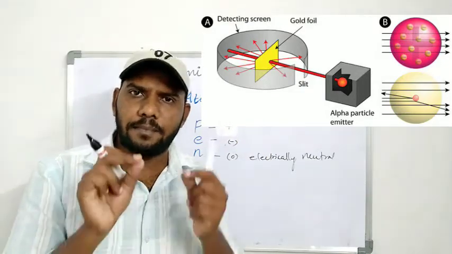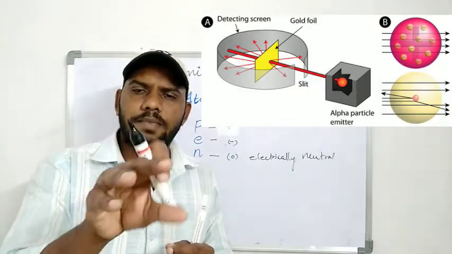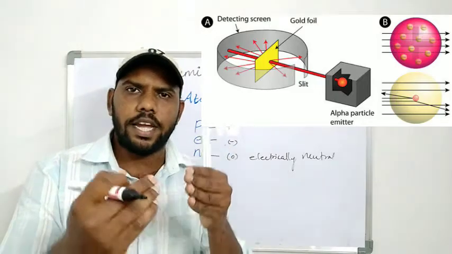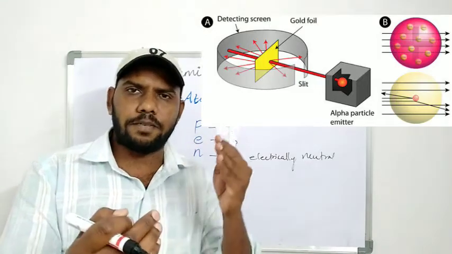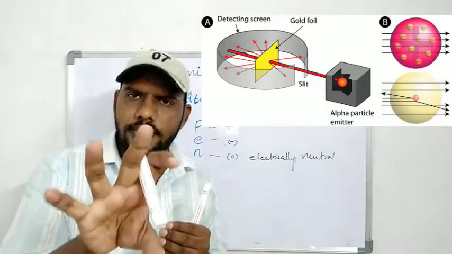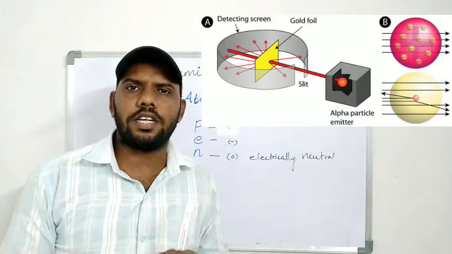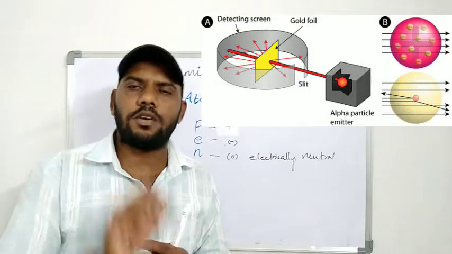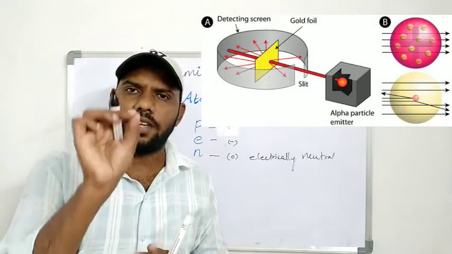Alpha particles are positively charged, and since like charges repel, they reflected back from the center. So he understood that at the center there is a positive charge and mostly hollow space, and the electrons are revolving around it.